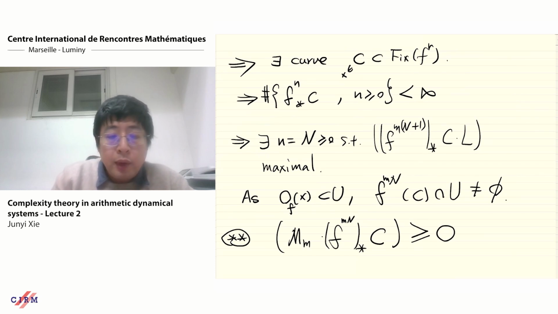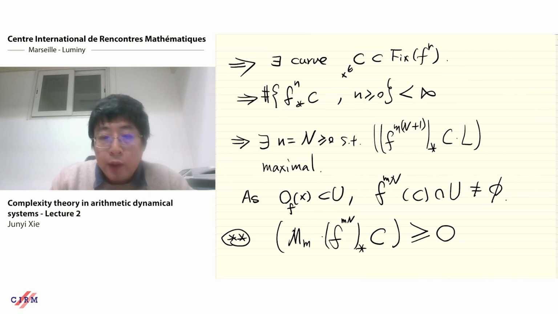As the orbit of x is contained in U, this f^{mn} C contains a point in U. So the intersection of f^{mn} C and U is not empty. So it means that this f^{mn} C is not contained in the base locus of this M_m.